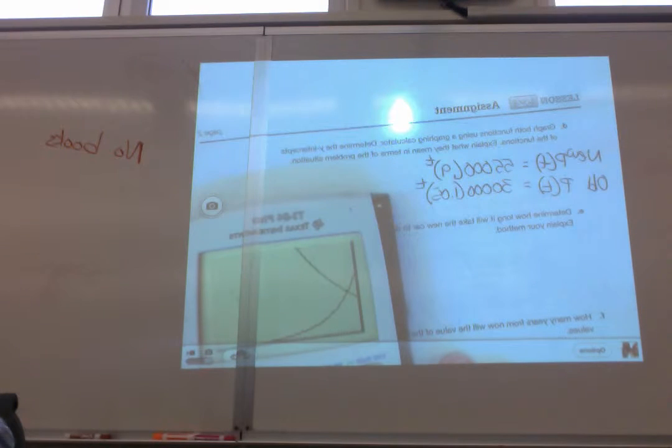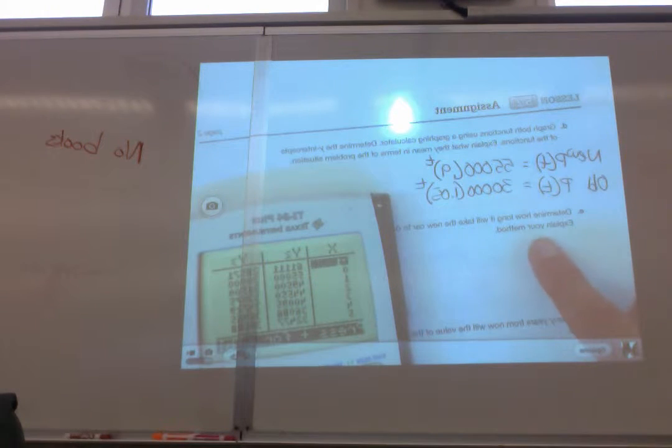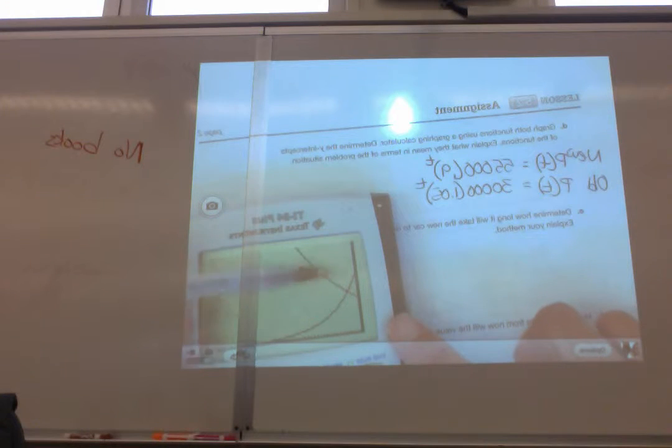So let's see, how about, let's go to table, second table. What do we know about a graph at the y-intercept? What's the value of x right here? 0.